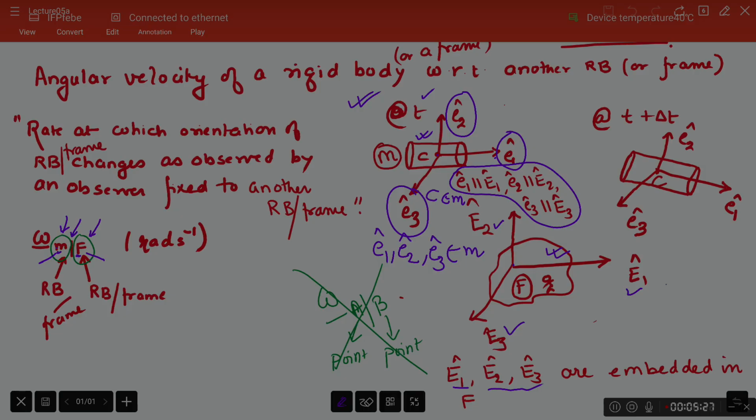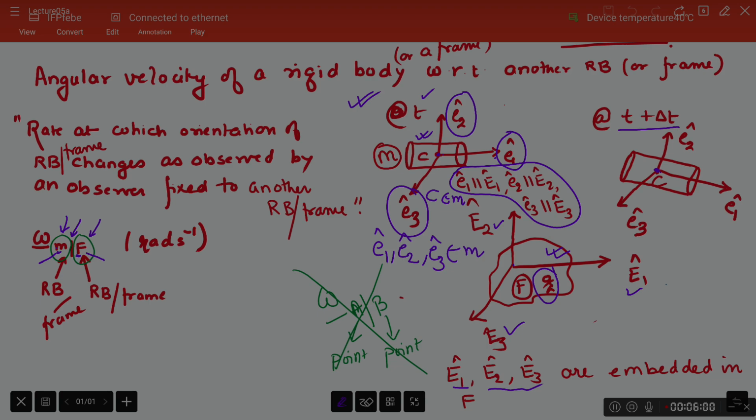However, when this observer observes the body M at the next time instant, t plus delta t, things have changed. First, the body point C itself has moved, gotten displaced from its original location, which was here, to here.